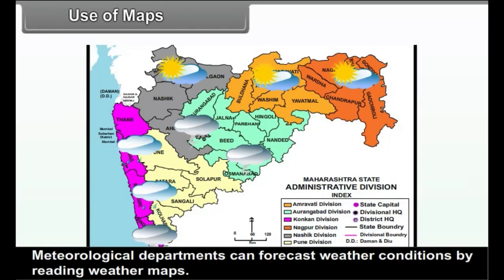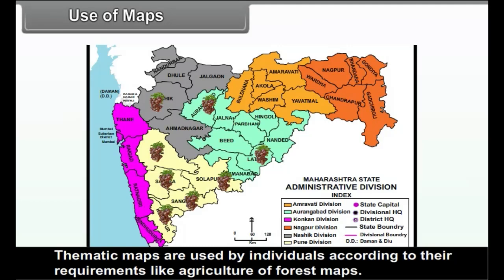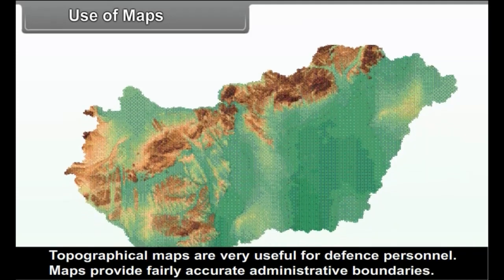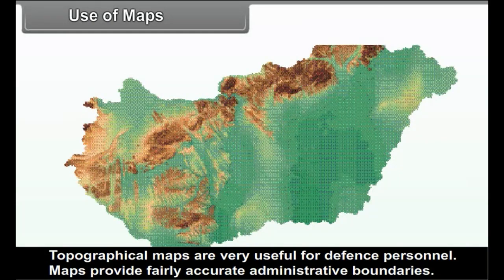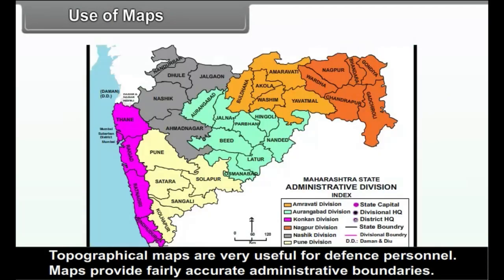Meteorological departments can forecast weather conditions by reading weather maps. Thematic maps are used by individuals according to their requirements, like agriculture or forest maps. Topographical maps are very useful for defense personnel. Maps provide fairly accurate administrative boundaries.